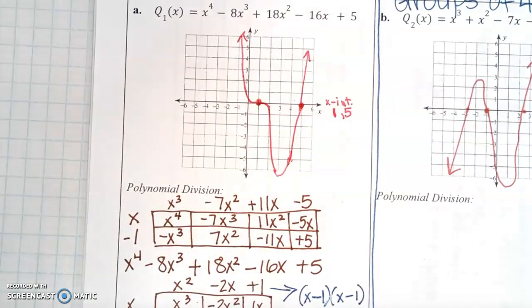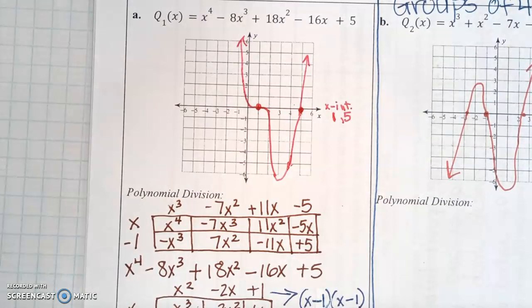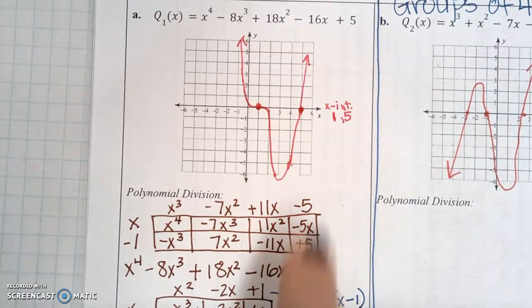Okay? So for A, you would go into Desmos graphing calculator, type in that polynomial, and then look at its graph. Okay? Its graph looks roughly like that. It actually went down a little bit farther, but they didn't give me enough space, so I just did a rough sketch. Okay?